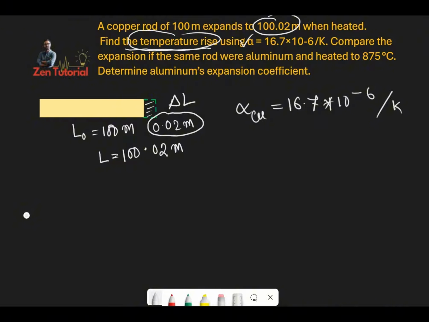By using the linear expansion coefficient, we can write down alpha is equal to del of L over L naught times the change of temperature.